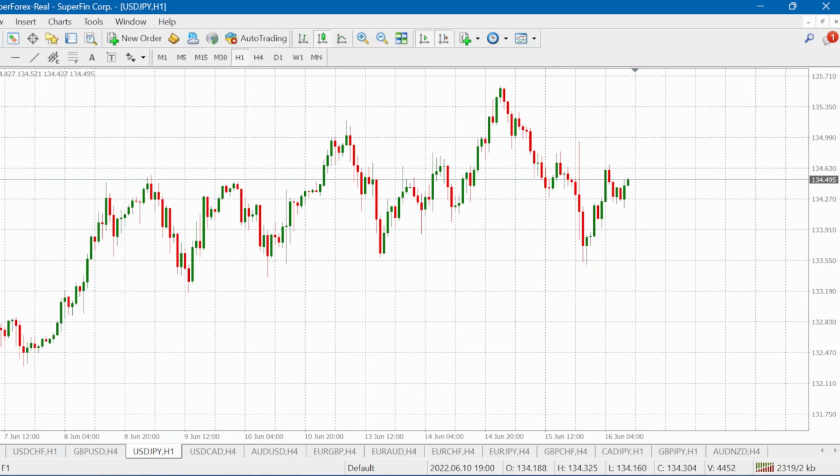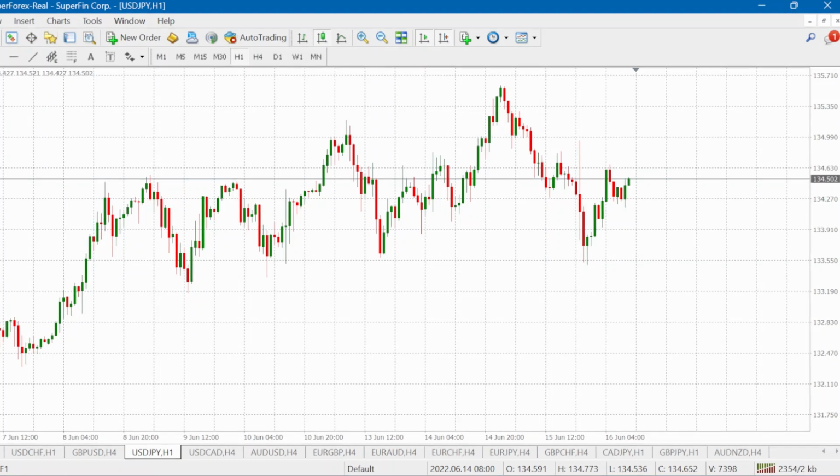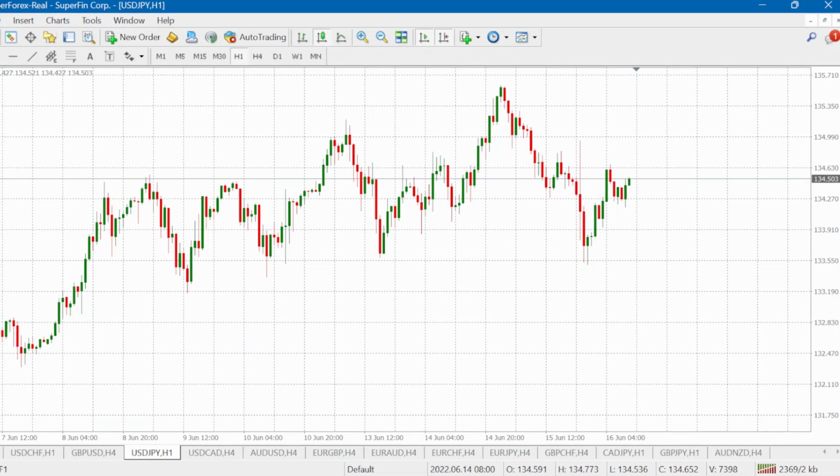We use price action trading in order to find high probability setups based on things like trend, support, resistance, supply, demand, candlesticks, candlestick patterns, chart patterns, and many more. And today we shall be using support, resistance, and trend line.